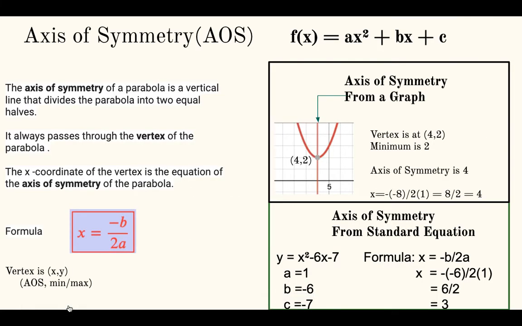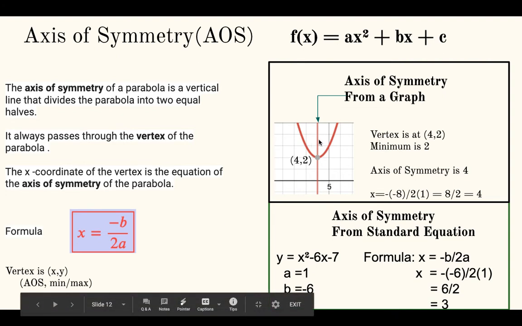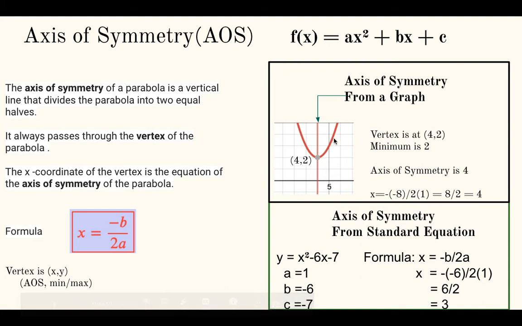Now, the axis of symmetry is the line that divides the parabola in half. It creates a mirror image. So all the points are equidistant from this line. The axis of symmetry of a parabola is a vertical line that divides the parabola into 2 equal halves.